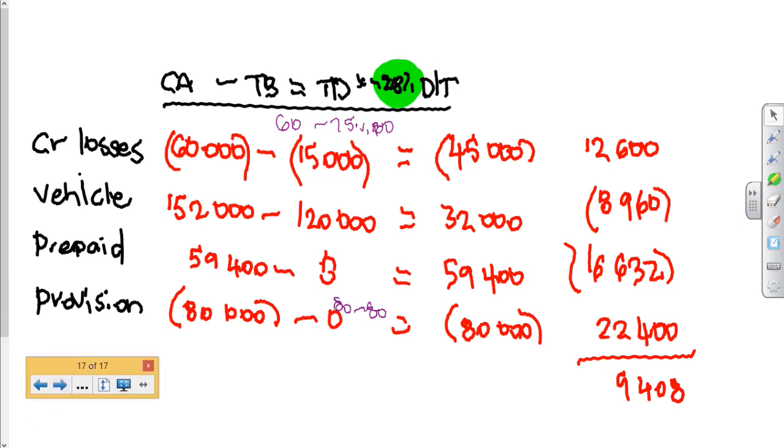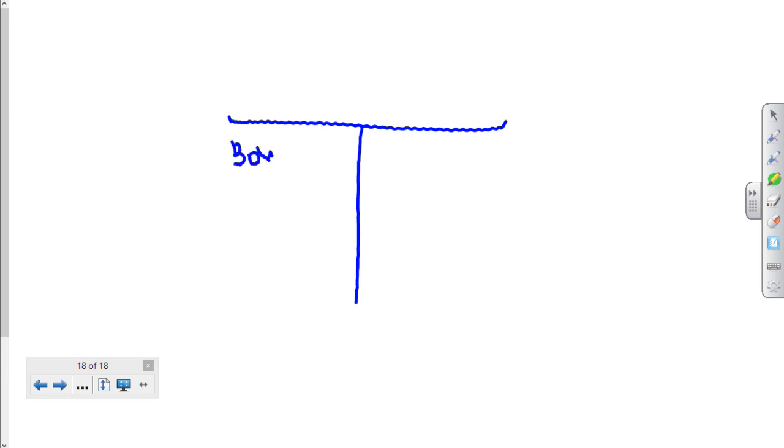So now we can do, I'm going to do a T account. You guys can do however you want. T account, we start with beginning of year, which was a given, which was 30 something, 39,078.